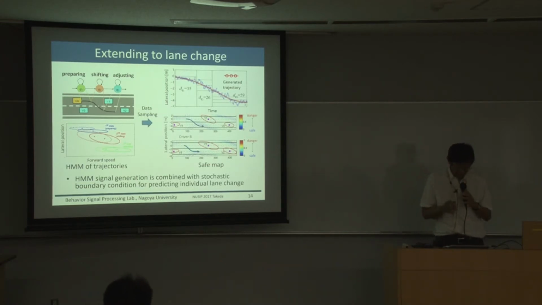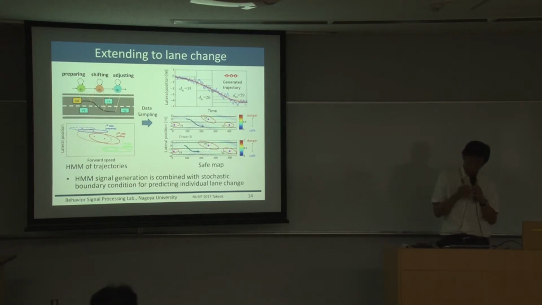For instance, in the first stage, they prepare for lane changing, and in the second stage, they actually move to the next lane. And then the driver needs to adjust their speed for the next lane's traffic flow.